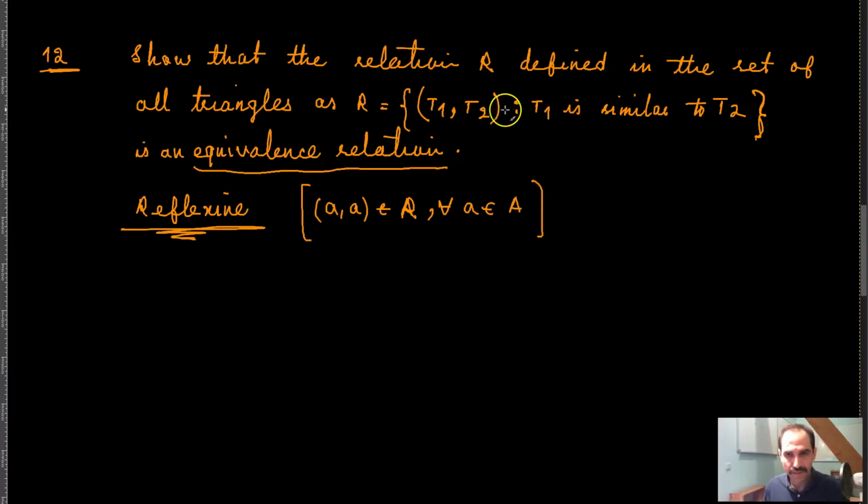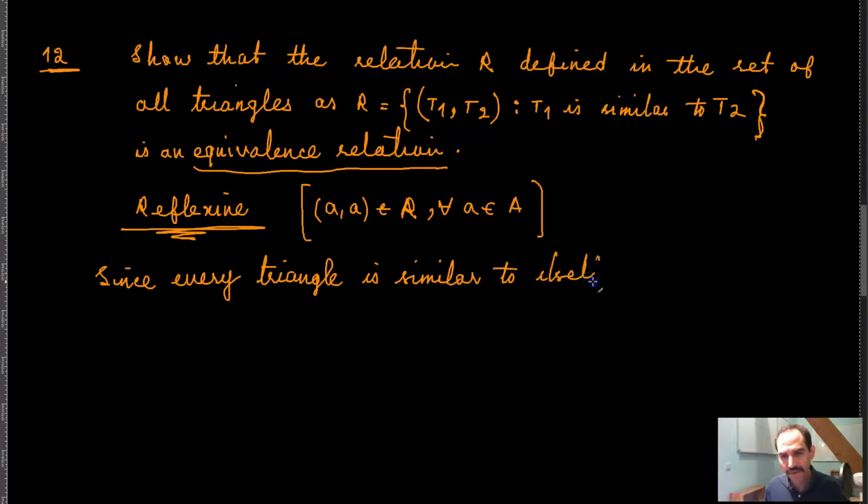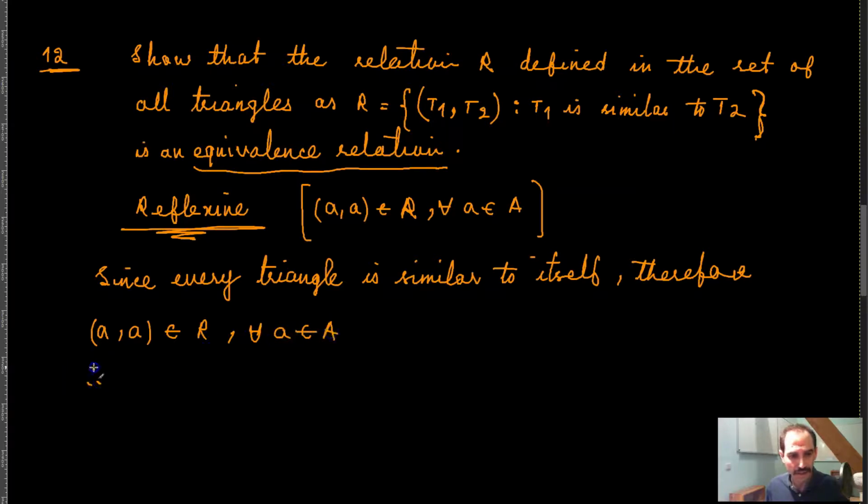And of course, since every triangle is similar to itself, therefore A comma A belongs to R for all A belonging to A, and so you can say that R is reflexive, right? So that is that.